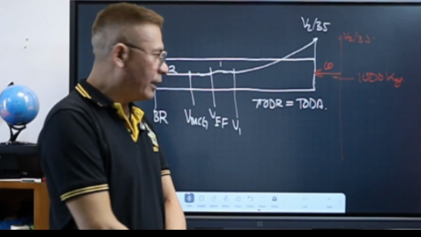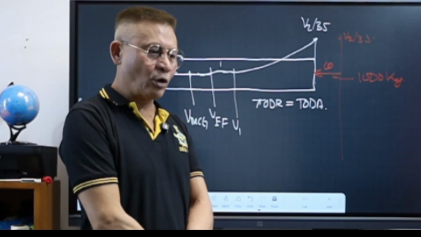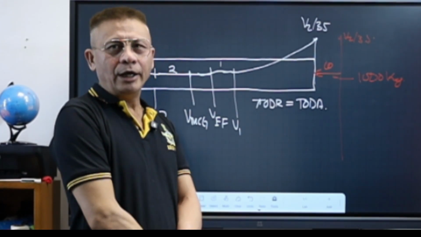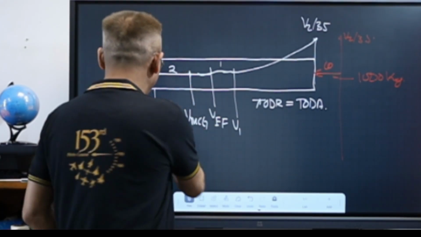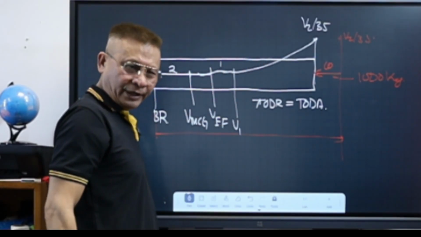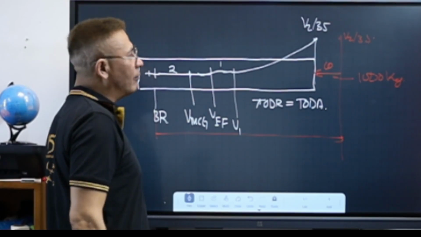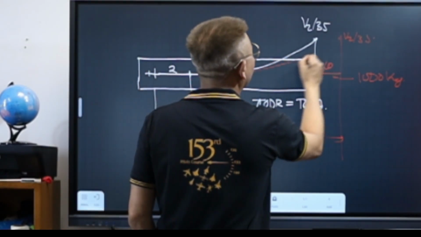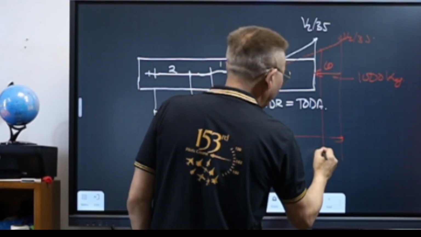Now the regulators give a concession to the operators that whenever the runway is wet or contaminated, instead of measuring the distance from brake release up to the point where you reach 35 feet, you can afford to measure the distance up to the place where it reaches 15 feet.